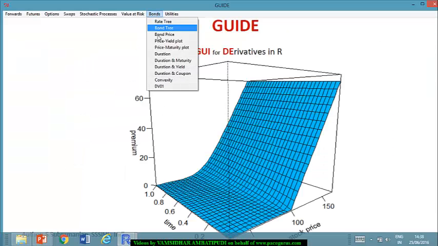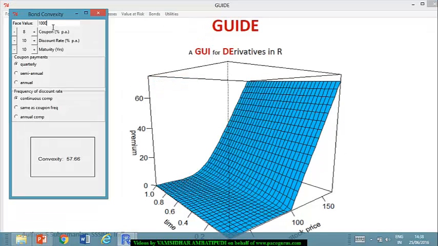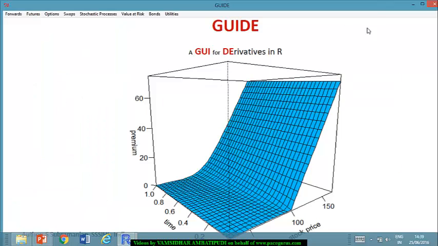Similarly, if I want to compute the convexity of the bond, it works out the same way. I have a semi-annual coupon, all these things. So the convexity of the bond is working out to 58.51.